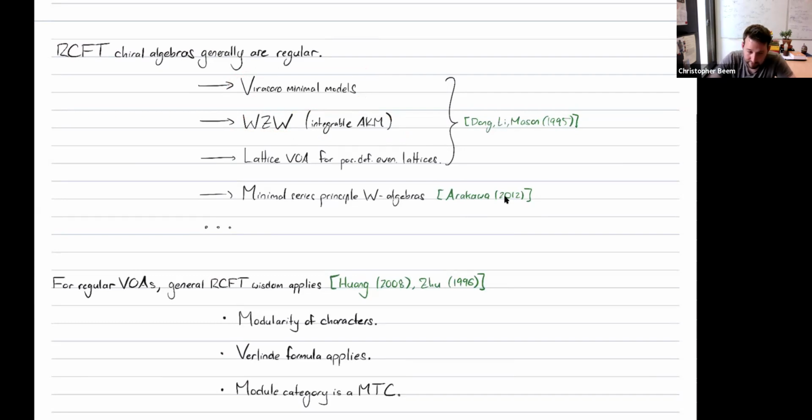In some cases, this has not been proved so long ago. So Arakawa proved the regularity of the most popular family of W algebras 9 years ago. And it's for these types of vertex algebras that the general RCFT wisdom that you will have learned from Moore and Seiberg's papers from a long time ago actually rigorously applies.